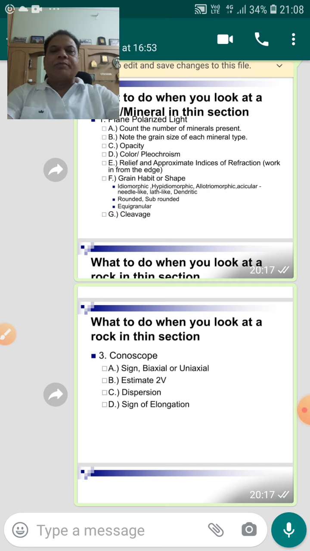Uniaxial minerals have one optic axis, or one direction along which there is no double refraction.